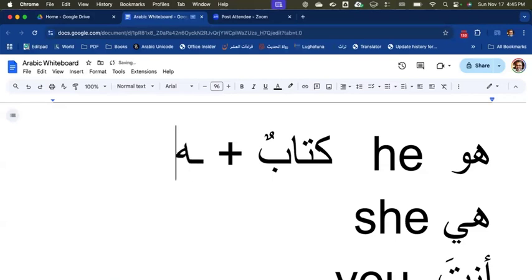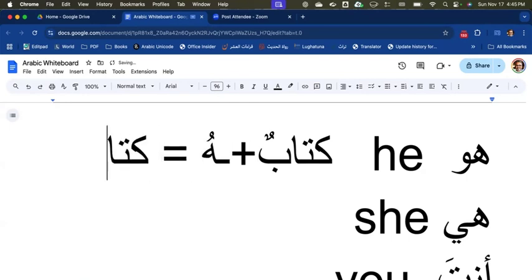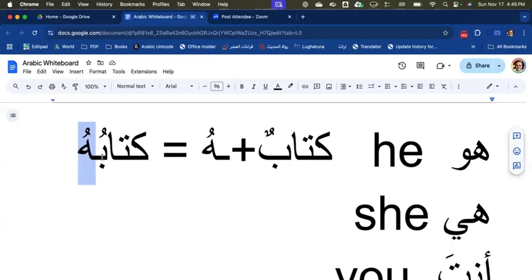Connected pronoun version of huwa is hu. So this becomes kitabun plus hu equals kitabu, tanween goes away. Kitabuhu. So huwa is disconnected, but hu is connected. Does that make sense? And they always connect at the end.